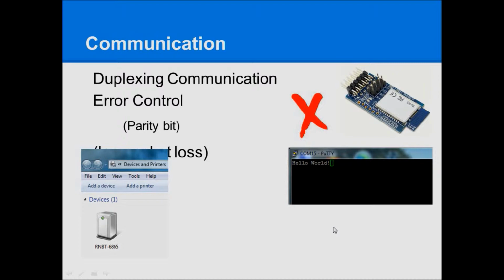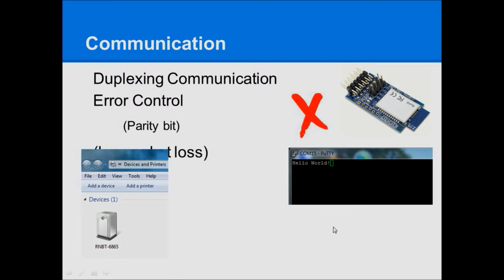Here we face 2 main problems in our project. One is that we have a small lag while controlling the bird, and sometimes about 1 out of 10 packets will be lost.